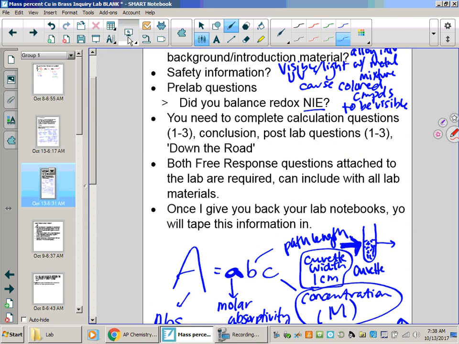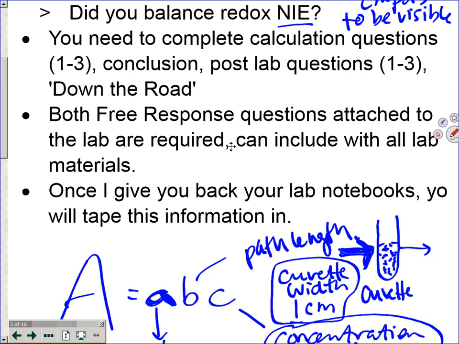In terms of what I need from you by the end of this, you guys see the conclusion and post-lab questions, on pages 3 and 4? I need those done Monday, and those will be great practice before your test.